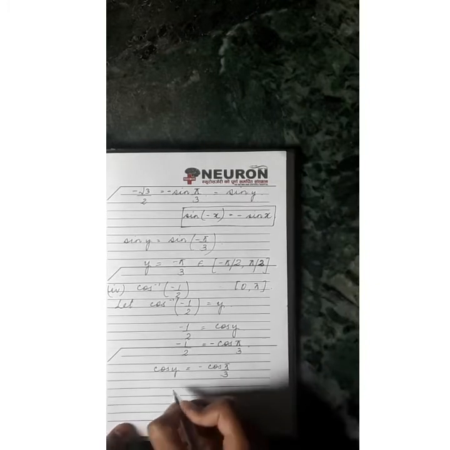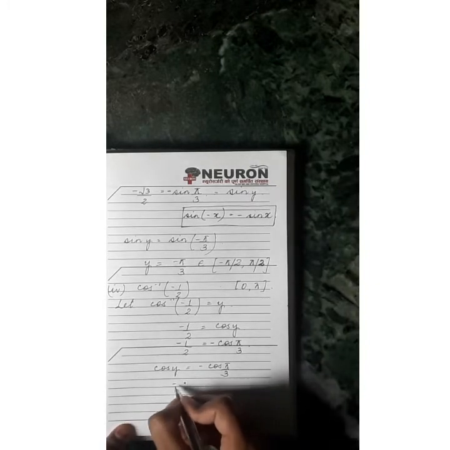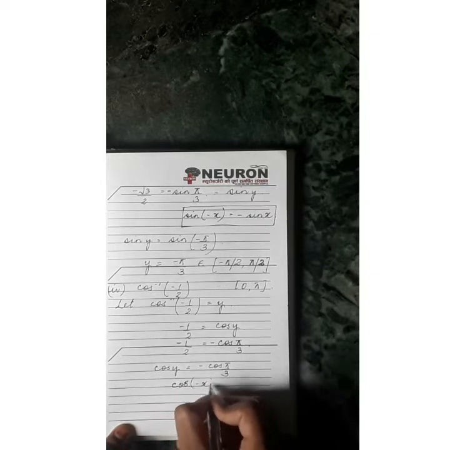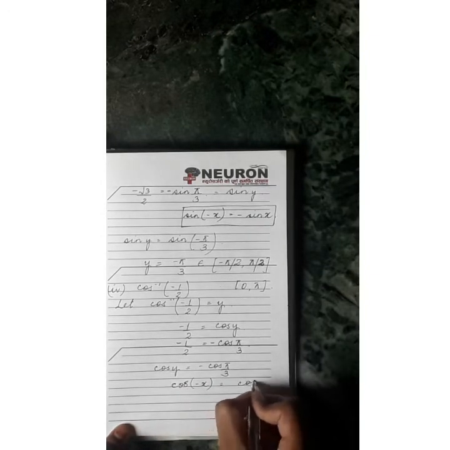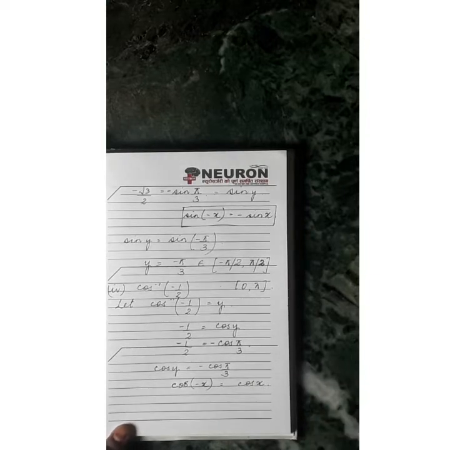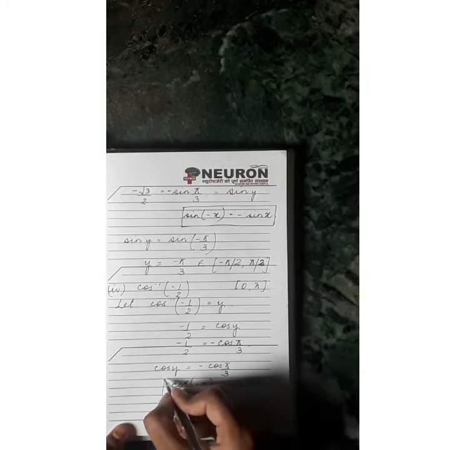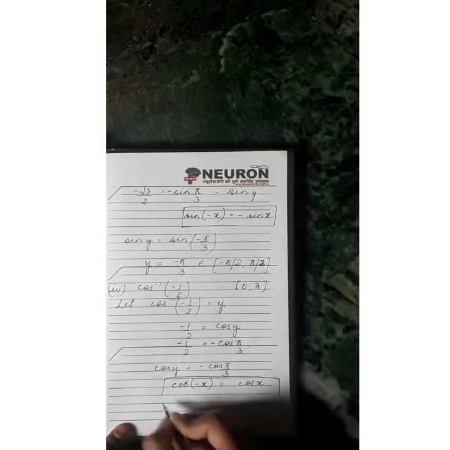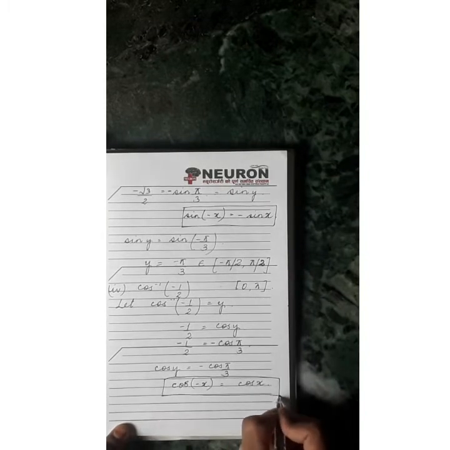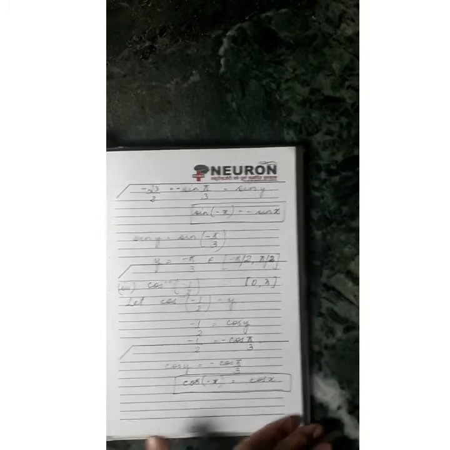Why? Because cos of minus x is equal to cos x and not minus cos x. So you can't make use of this identity, but I mentioned it because it could be helpful in the rest of the questions.